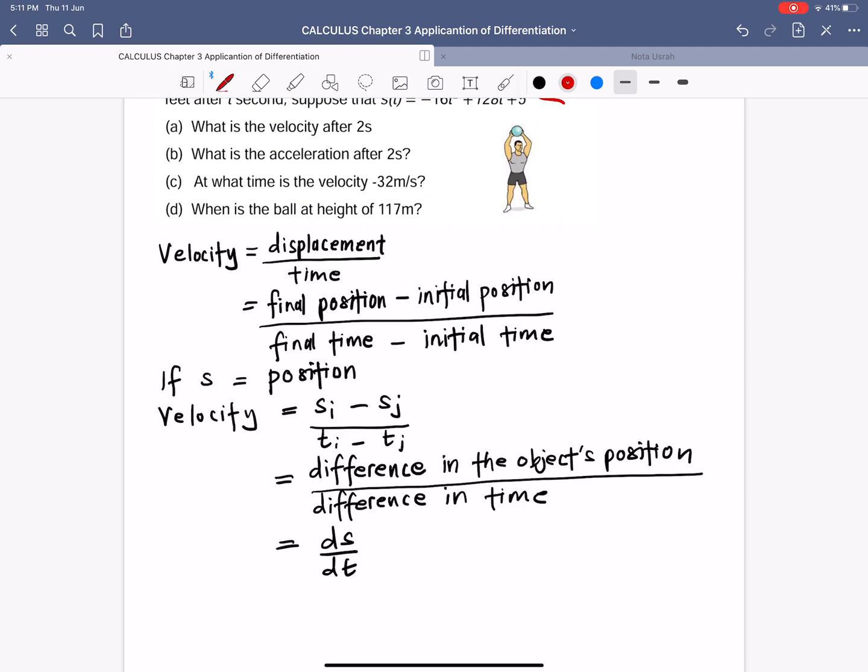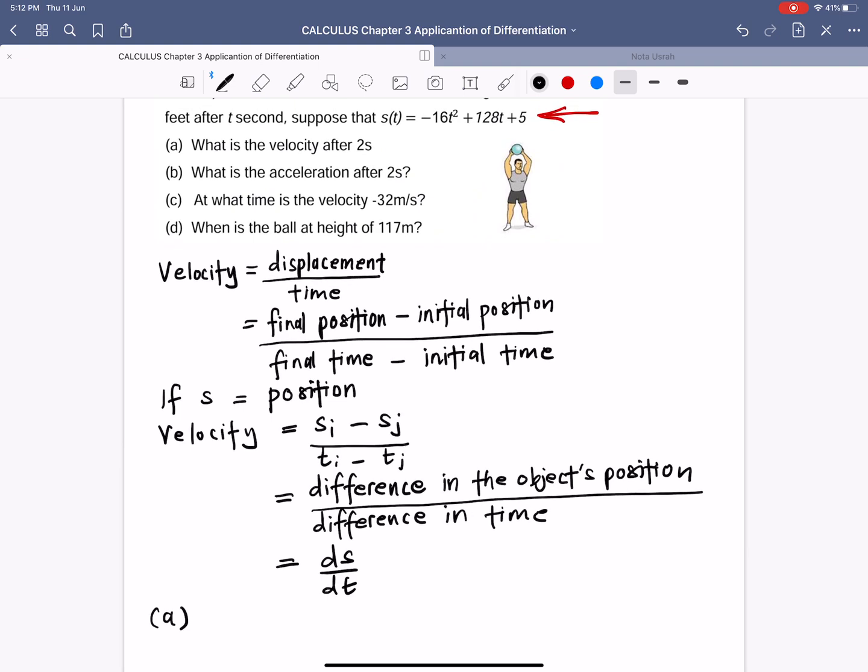So question A, we want to find the velocity. So what we'll do is we will find ds/dt. We will differentiate S with respect to t, which is negative 32t plus 128.